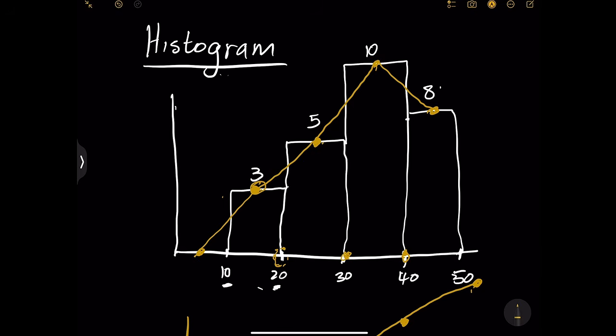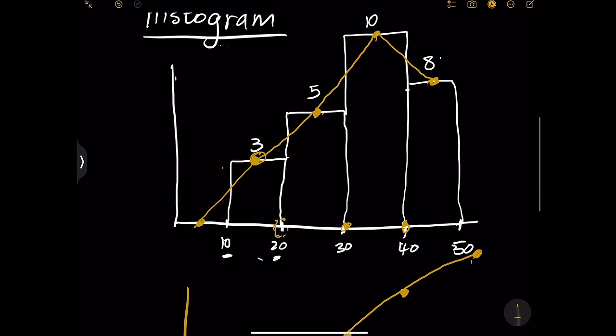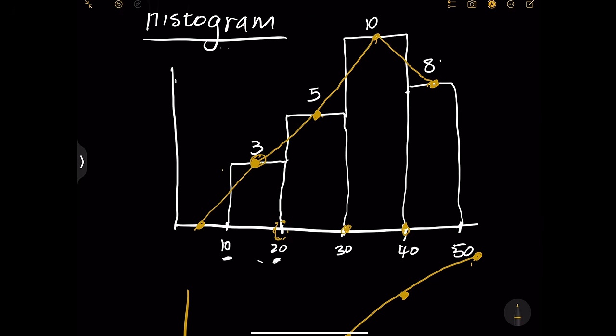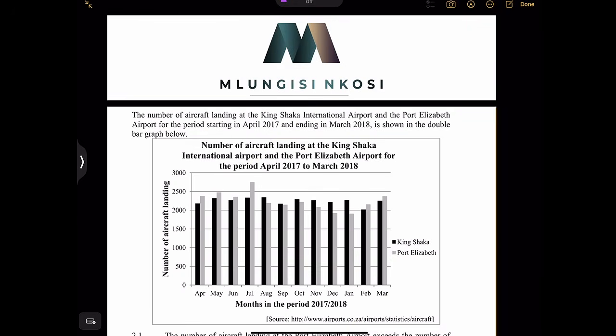All right. So in this case, what I want us to quickly do is just to take some examples on bar graphs as well as histograms and see how to interpret that in statistics. All right, now let's have a look at our first example. So they say to us the number of aircraft landing at King Shaka International Airport and Port Elizabeth Airport, obviously now called Gqeberha, for the period starting in April 2017 and ending in March 2018 is shown in the double bar graph below.